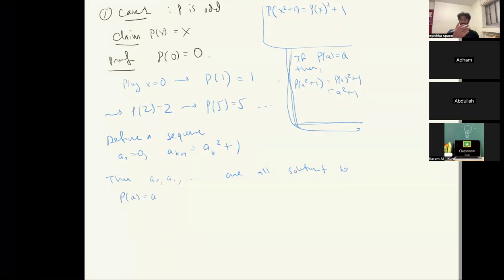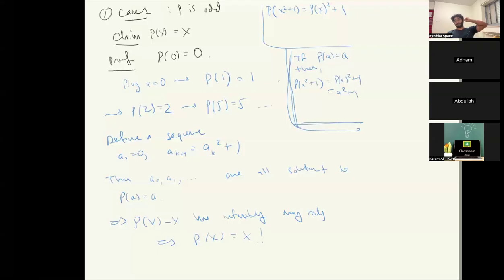In particular, the sequence is increasing. So it's an increasing sequence of real numbers, so there are infinitely many. So p of x minus x has infinitely many roots, and therefore p of x equals x.